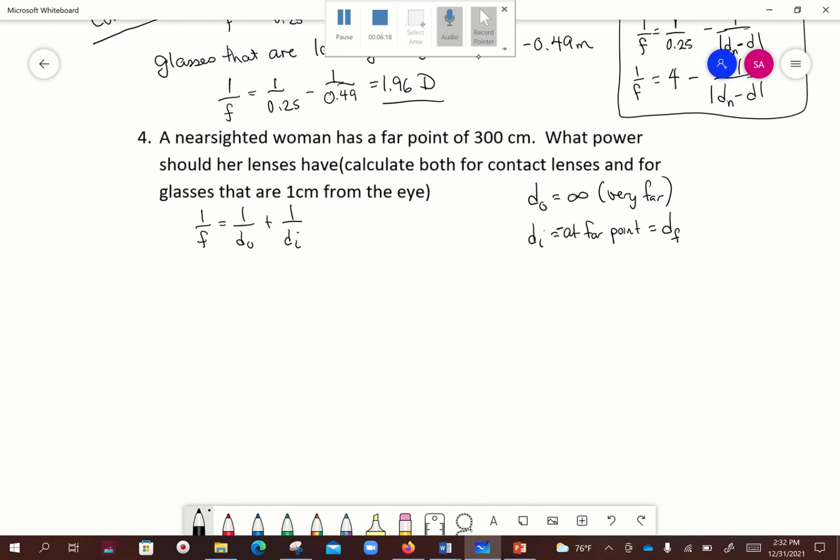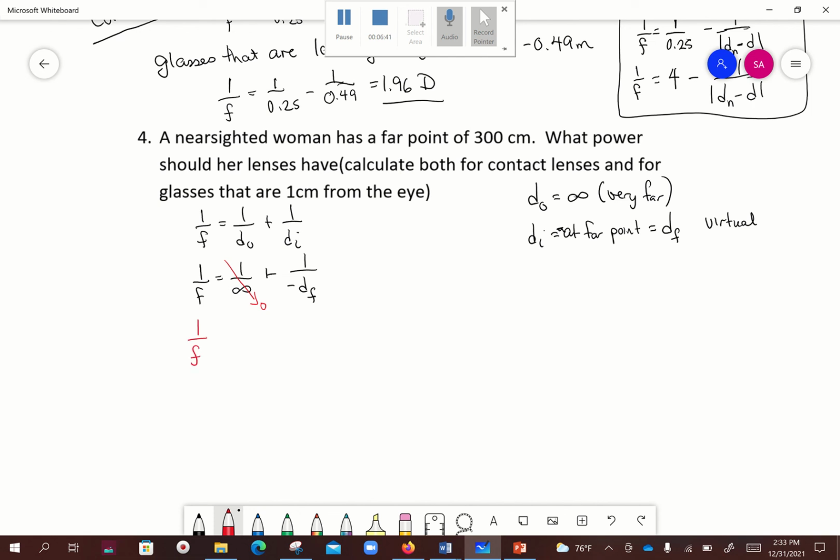Since we want the person to see things upright, we want it to be virtual, so we put a negative sign in there. So 1 over f is equal to 1 over infinity plus 1 over minus df, and 1 over infinity, dividing anything by infinity, you just get 0.